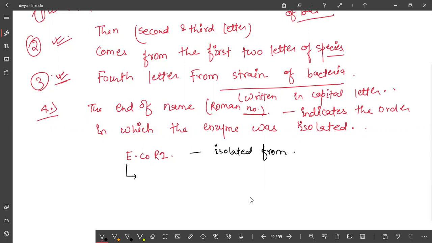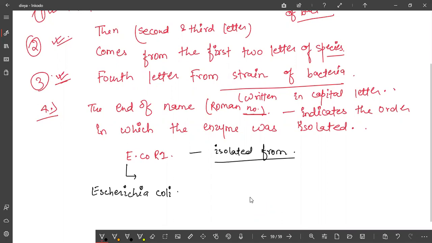E. coli. Have you heard this name? What is the full form of E. coli? Escherichia coli.